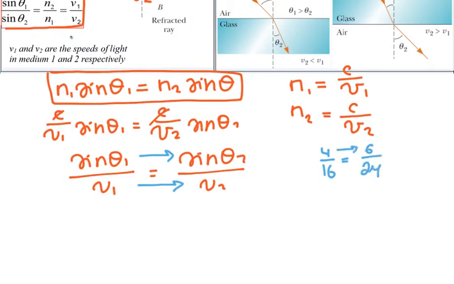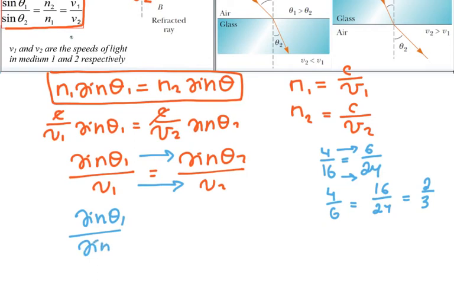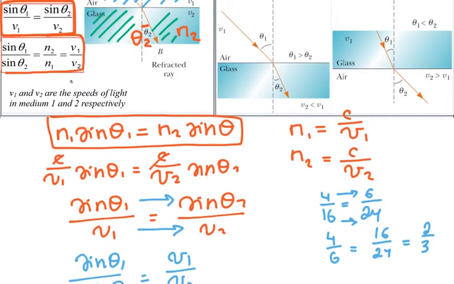But I could also rewrite it this way: 4/6 is the same as 16/24, and equals 2/3. So I can rewrite my fractions horizontally. So I could write sine theta 1 over sine theta 2 is equal to V1 over V2. This is how you get this formula that is given in your lesson.